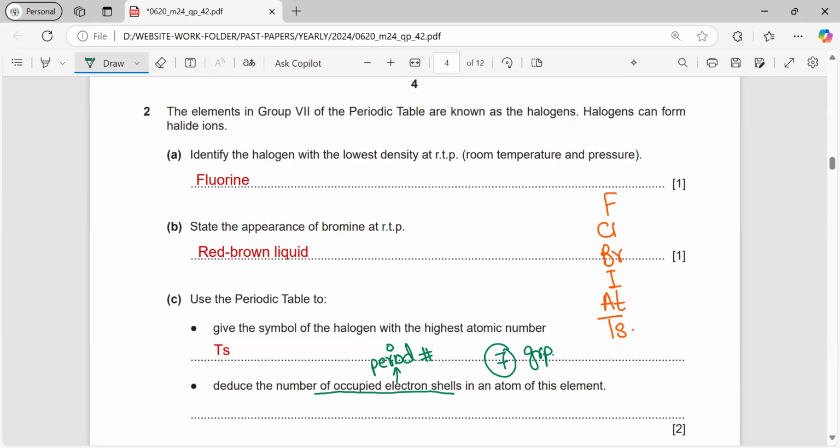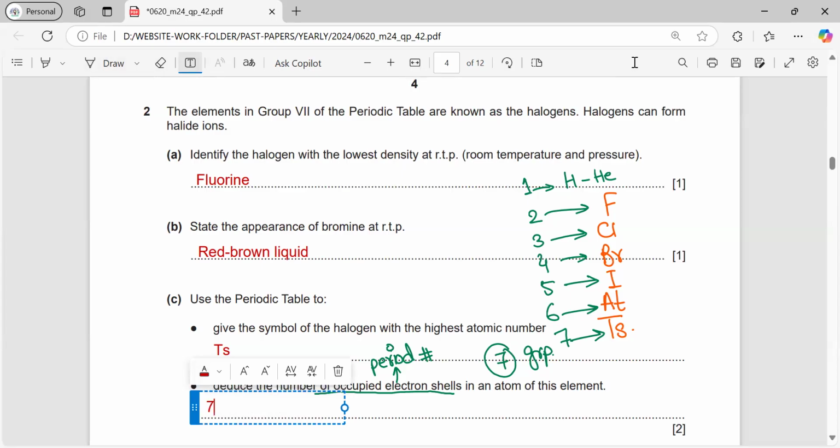So tennessine is present in period number 7. Period 1 contains only hydrogen and helium. Fluorine is in period 2, chlorine in period 3, bromine period 4, iodine 5, astatine period 6, and tennessine is present in period 7. So, 7.